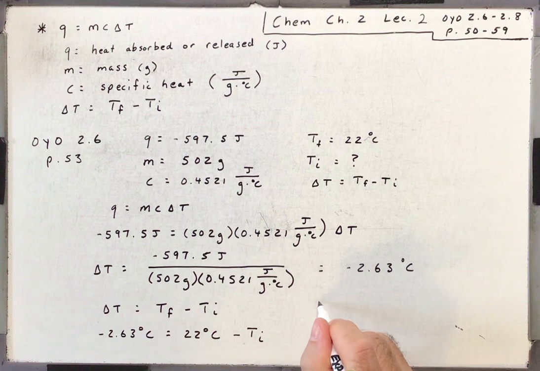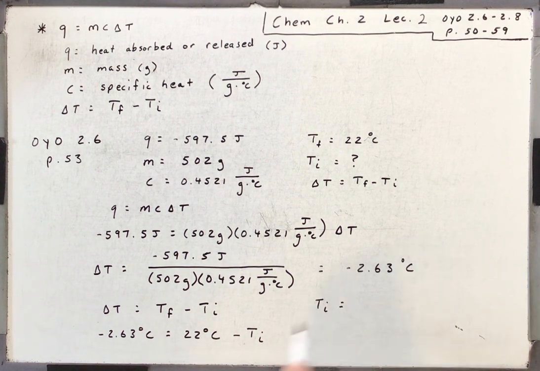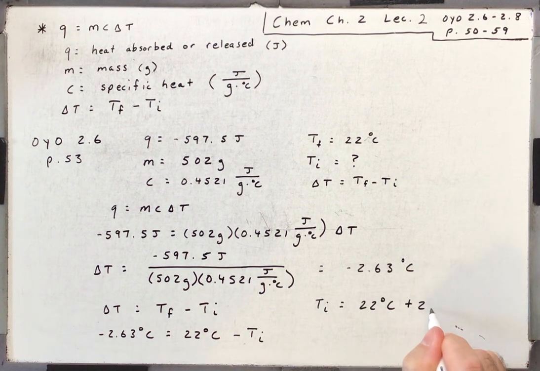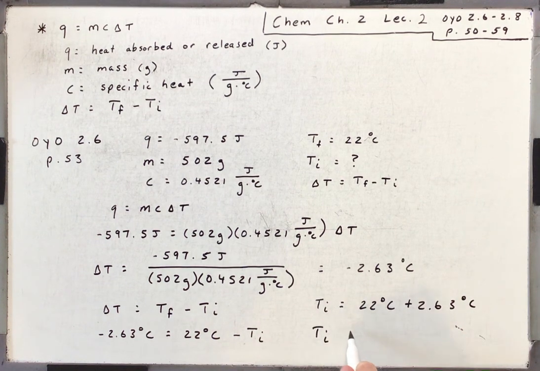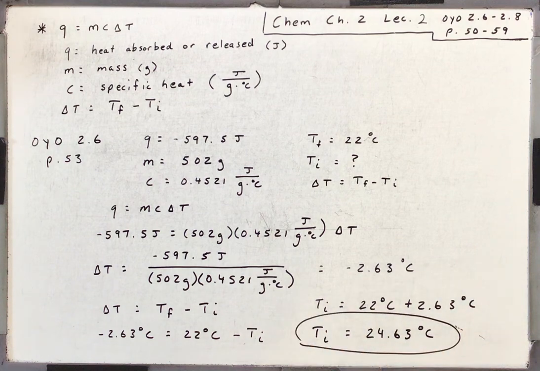That makes it positive. You can change the sign and then add 2.63 to both sides. So that would be 22 degrees C plus 2.63 degrees C. So our initial temperature would be 24.63 degrees Celsius.